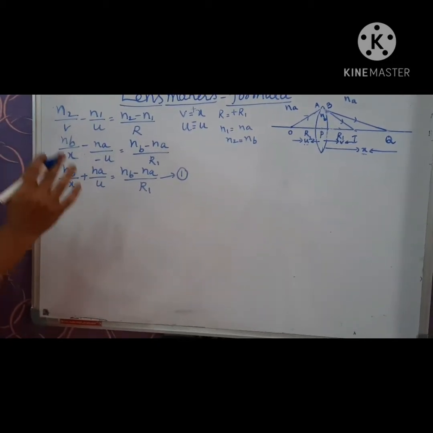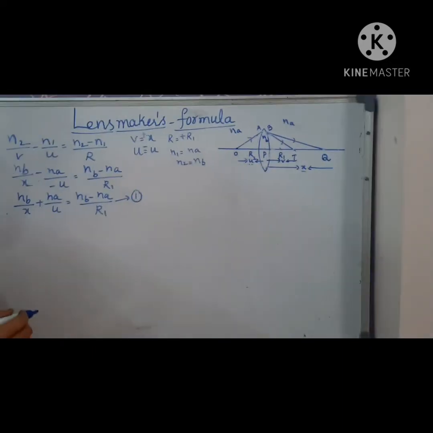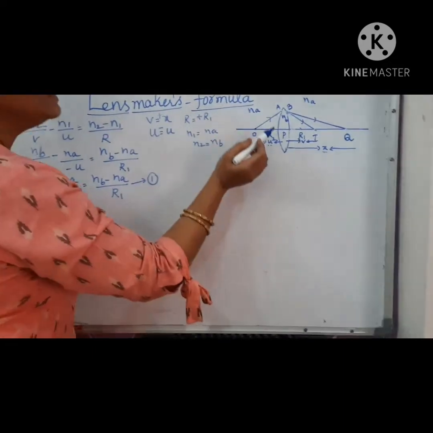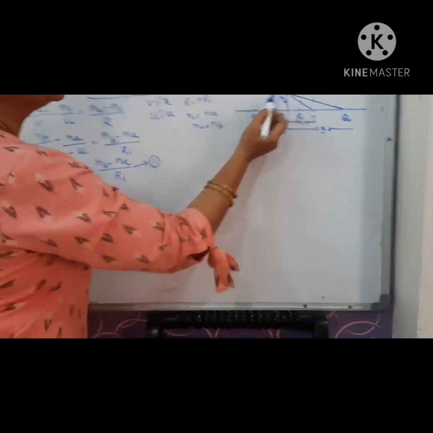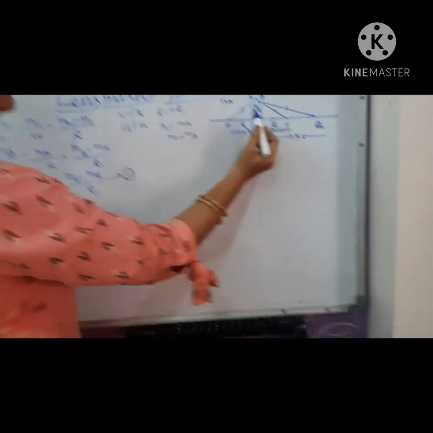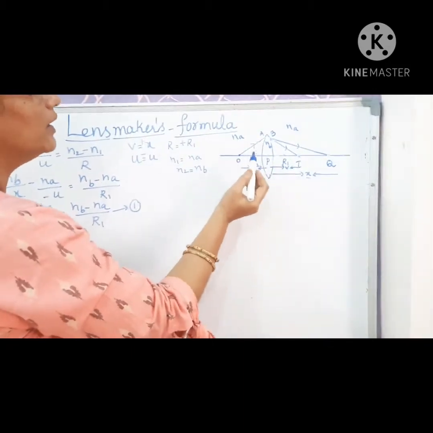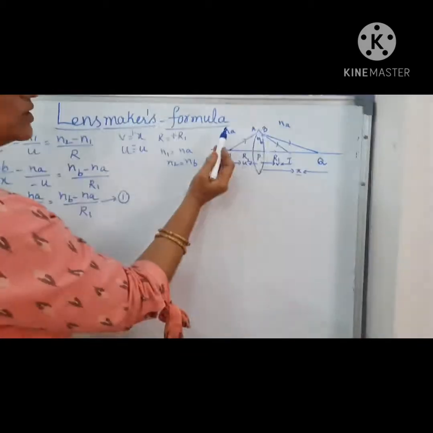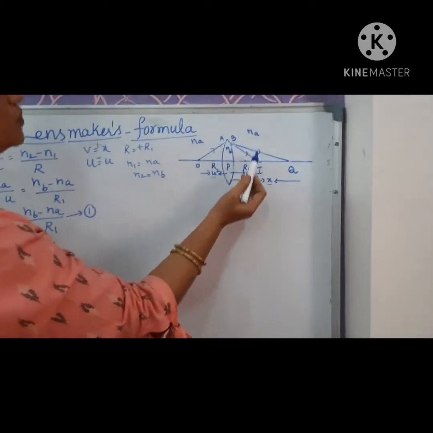But actually there are two spherical surfaces, so we have to consider this situation also and write the same equation for it. There is another curved surface, and the light ray undergoes refraction two times. Once from rarer to denser, and after that from denser to rarer.